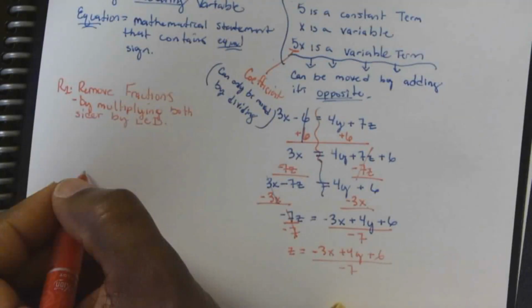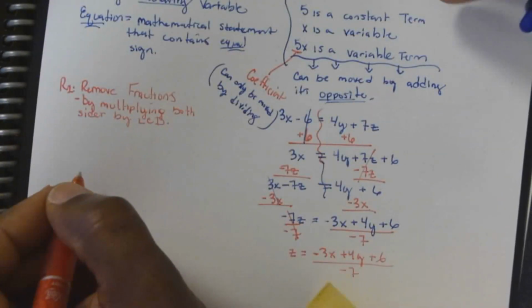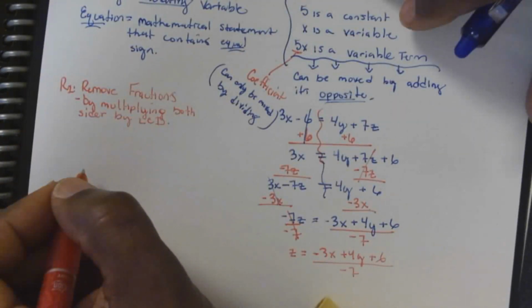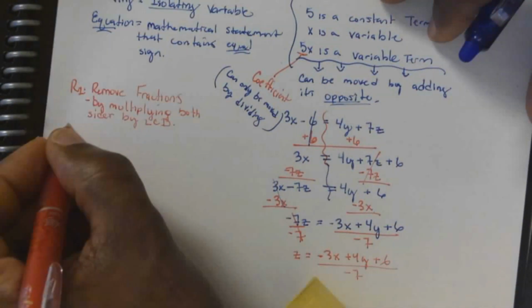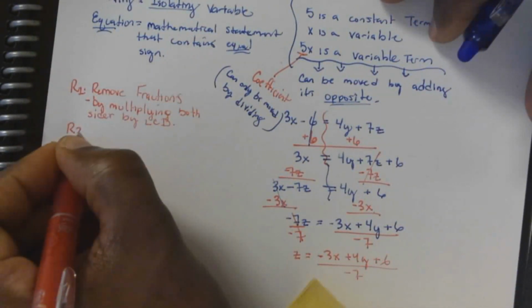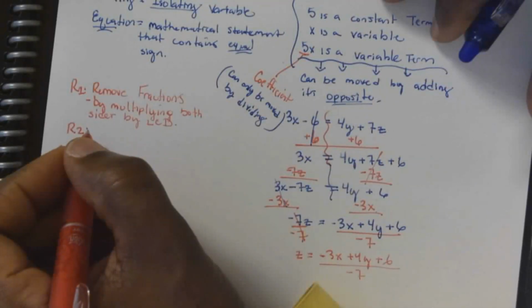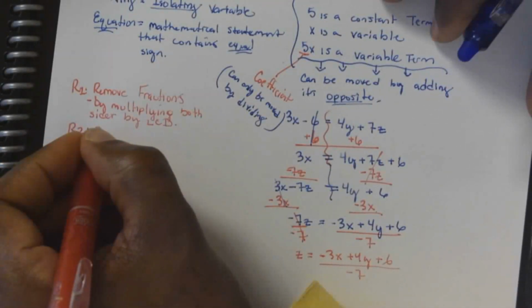What does LCD mean? Least common denominator. There you go. Multiplying both sides by the least common denominator. All right? I'm not going to teach you how to do that right now. We're going to take our time with that one.